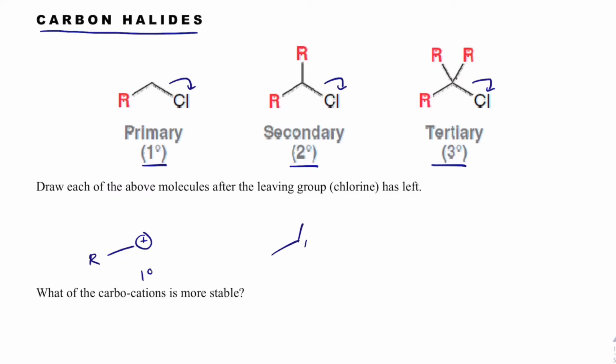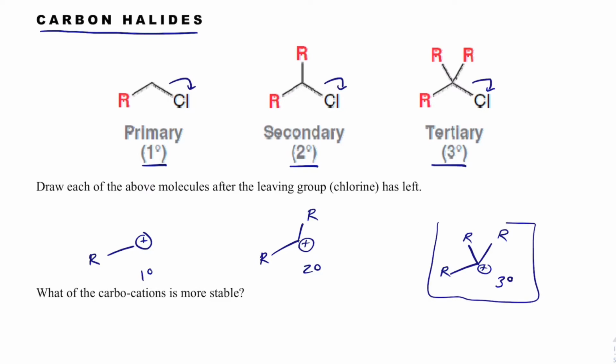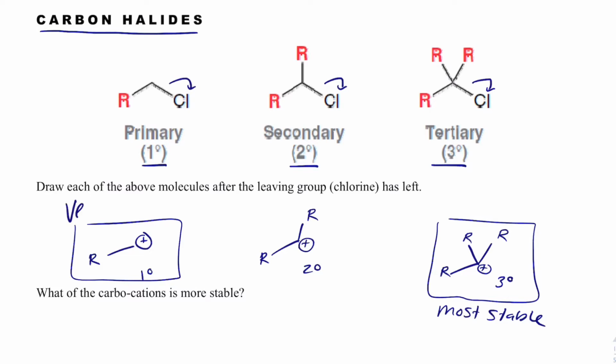Here, it looks like this, secondary. And I guess I'll draw the R's. And here, it's tertiary. Okay, and so a good reminder would be that tertiary is most stable, and primary is least stable or very unstable.